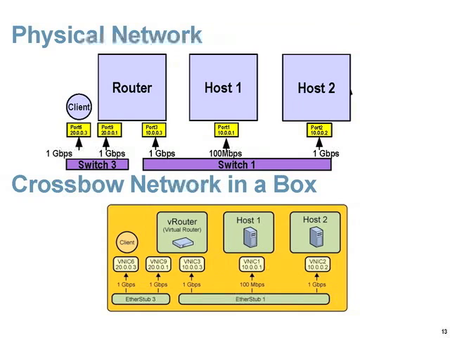And on the Crossbow network in a box, you have everything in one box. It's not just a picture box, but for example, virtual NICs here. We could see Etherstub. This is all software designed, hosts and everything in one cluster.